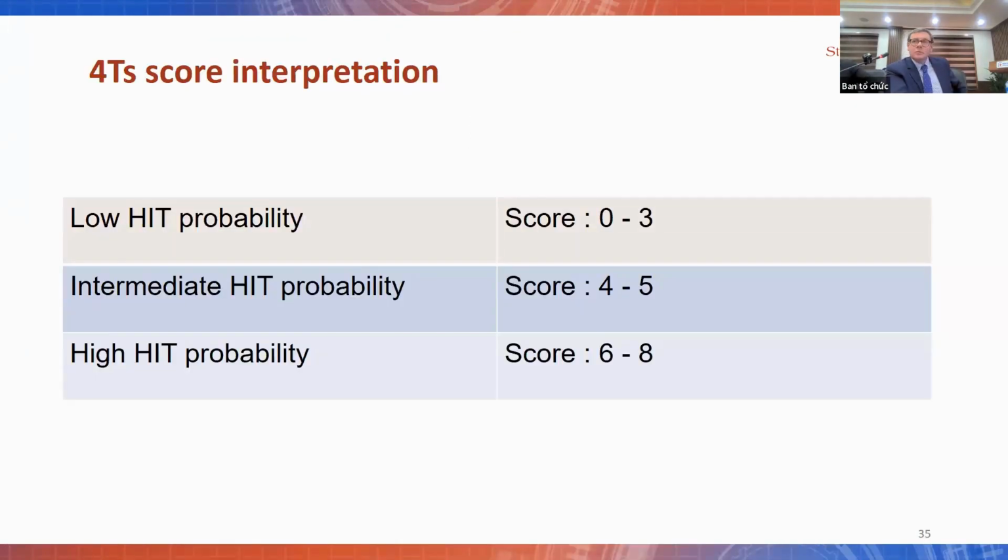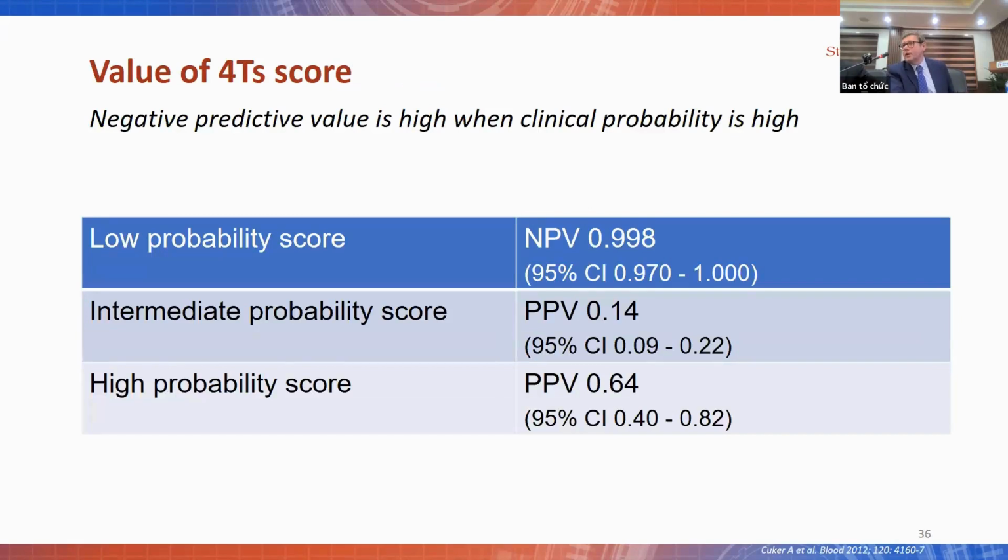And the patient is considered as a low probability of HIT when the score is between 0 and 3, intermediate HIT probability when the score is between 4 and 5, and a high HIT probability when the score is between 6 and 8. And this is of particular interest because this 4T score has a very high negative predictive value, meaning that if you have a low probability score, the negative predictive value is 0.998, which is even above what you have when you use a D-dimer to exclude thrombosis.